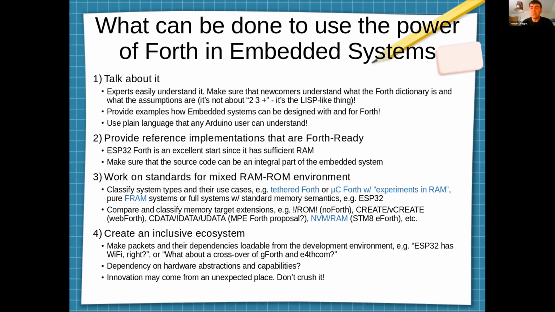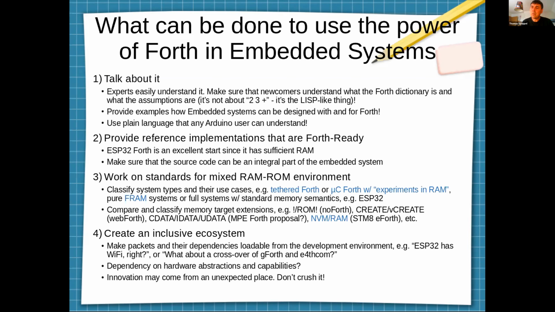These are powerful things, especially the last one. There's also a very low-key approach that I use in my small Forth dialect. And then, of course, it's also about creating an inclusive ecosystem.